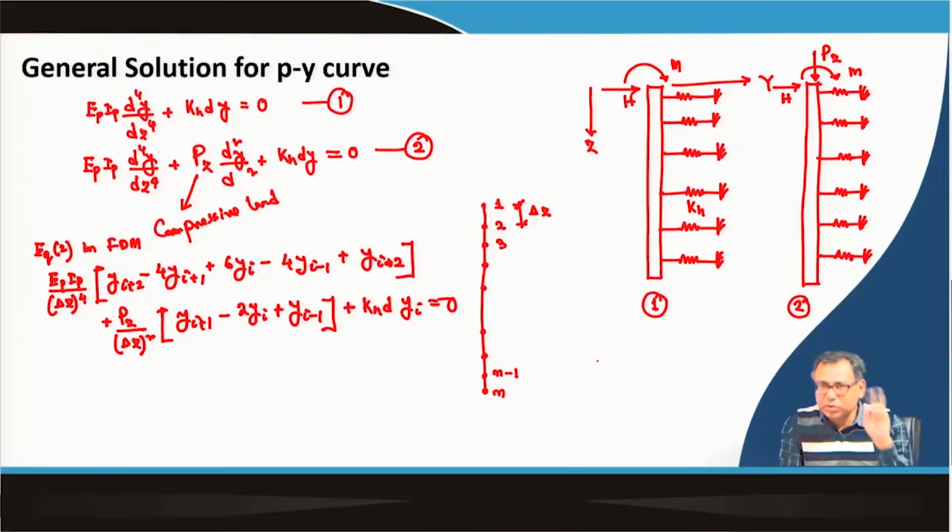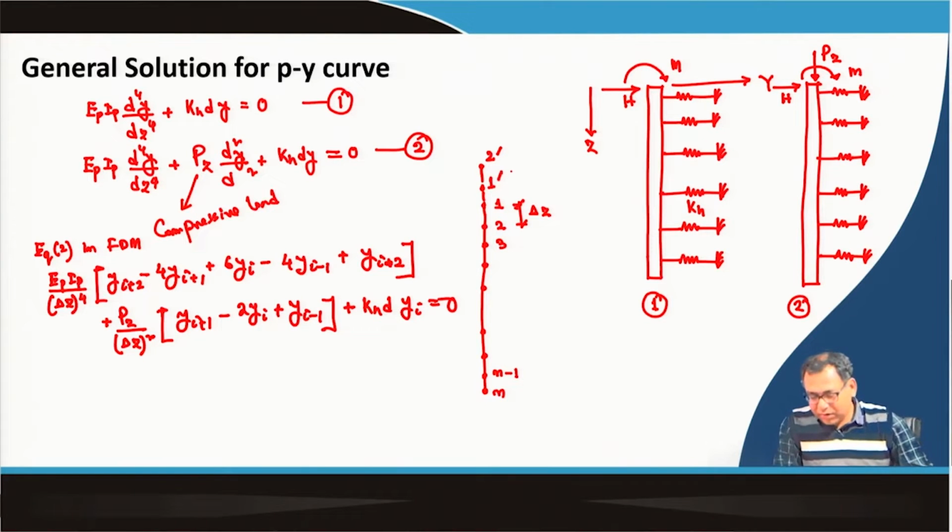So 2 plus 2, 4 imaginary nodes will be required, 2 on each side. So this is 1 dash and this is 2 dash.